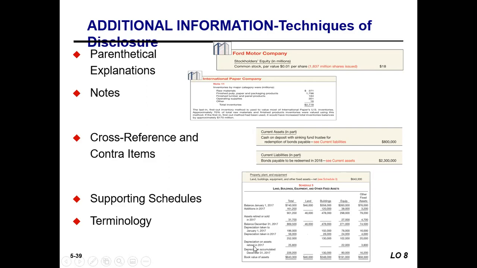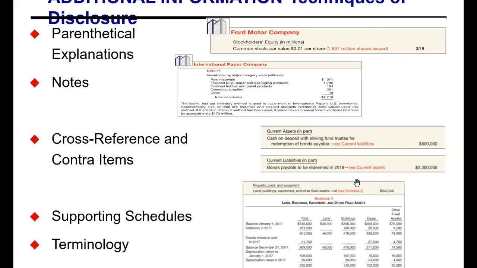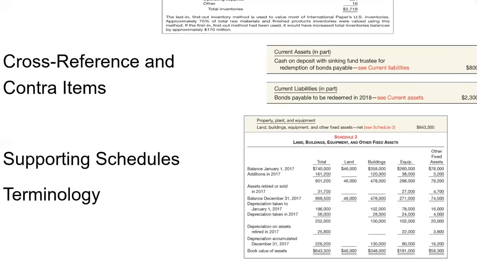So if we're thinking about what we would see on our balance sheet, we would see this. Let me see if I can blow this up a little bit. There we go. I like that better. Okay, so on our balance sheet, we would see this number, 643,300. But again, if we drill down on that or investigate that a little bit more, it goes back to the historical cost, what we paid for the asset, and what we've depreciated on the asset, right? So then it kind of expands that way.